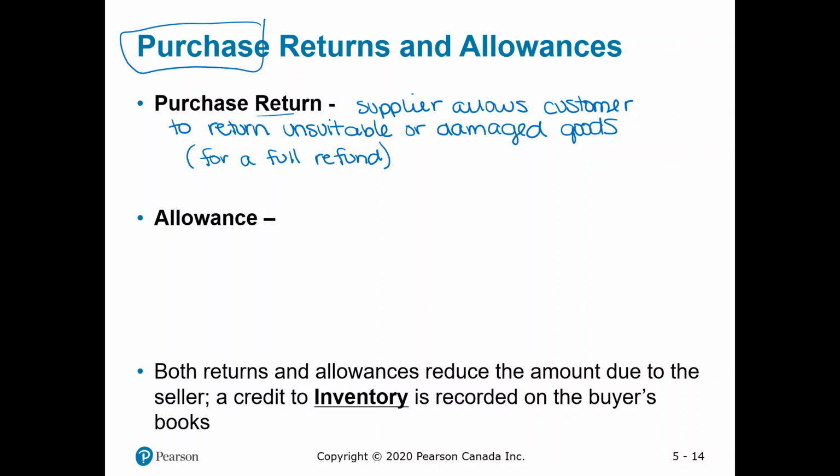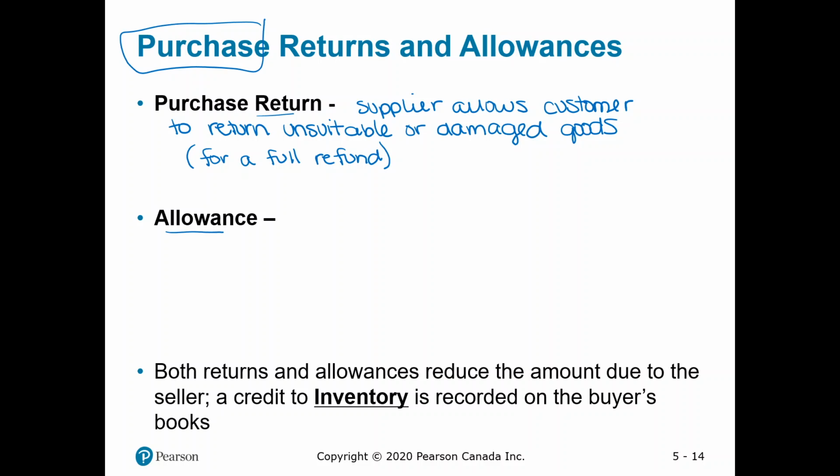Now, the second thing that could happen is what's called a purchase allowance. So in this case, the buyer, or us, the purchaser, we actually choose to keep the unsuitable or damaged goods, but we get an allowance or a reduction in price for that. So let's say we order some green coats we are going to sell these inventory items.